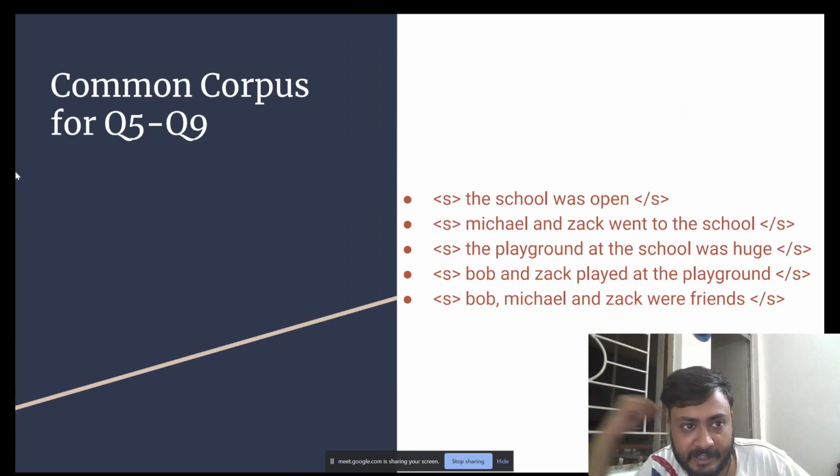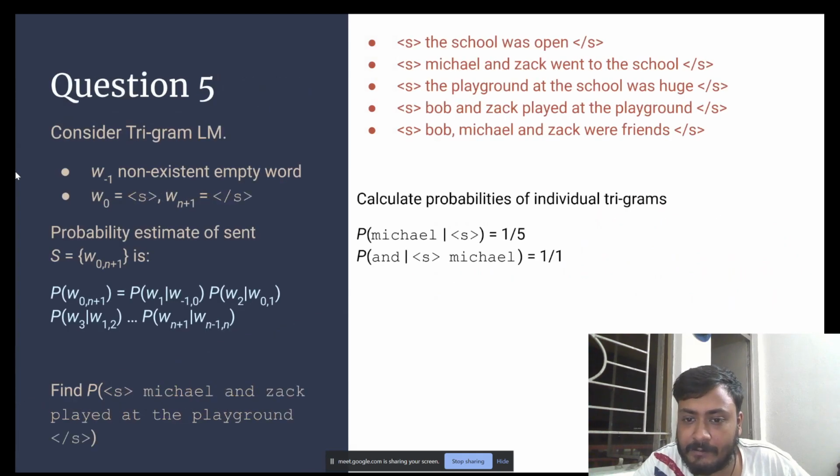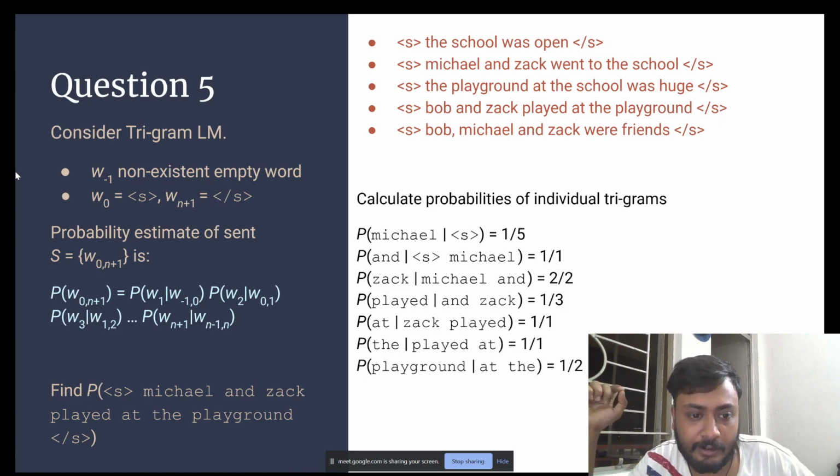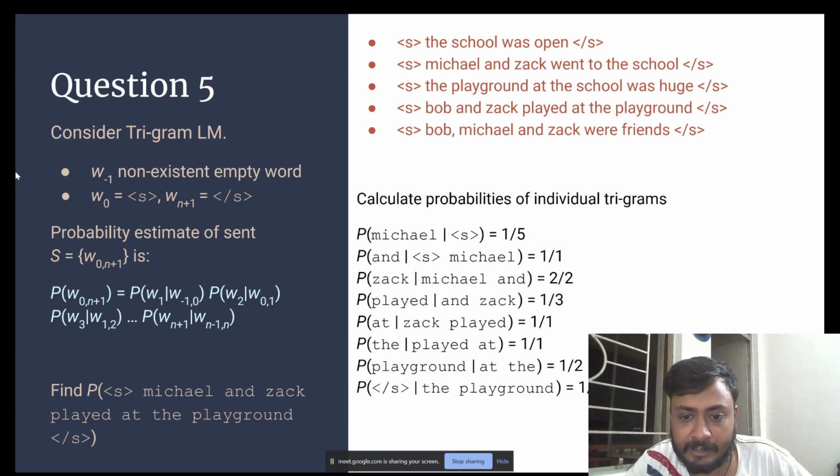So were these questions of probability estimate clear to you? You have to do simple calculations. Just remember the steps you have to follow. And don't get thrown off by such terms. Sometimes you will get a very big question with a lot of things written, but at the end of the day you have to do whatever you would have normally done. These things are there to throw you off sometimes.